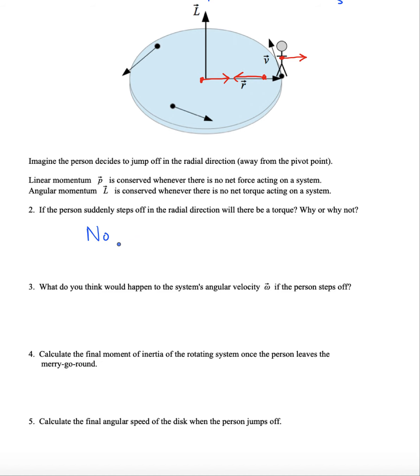No. Another explanation is by the formula R cross F: the R and the F would be anti-parallel, and the angle between them would be 180 degrees. Then the cross product would be 0, and therefore the torque would be 0.